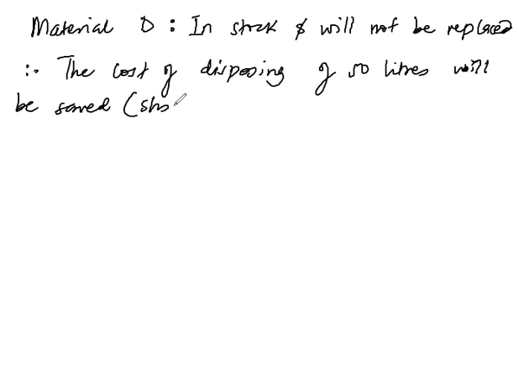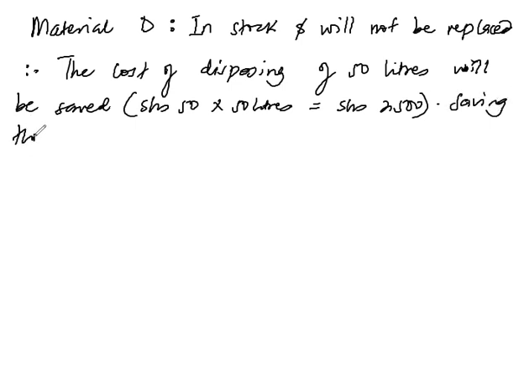That is shillings 50 times 50 liters, giving us shillings 2,500. Okay, so saving this cost is a relevant benefit.